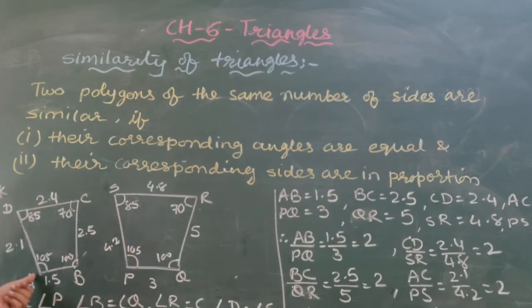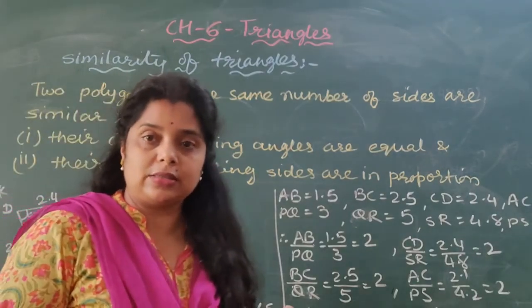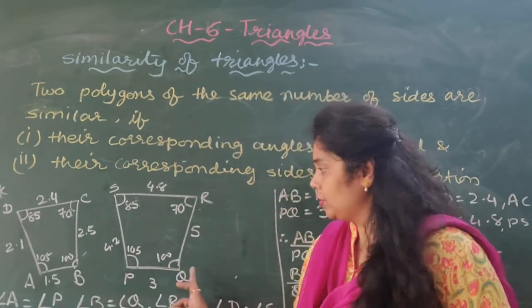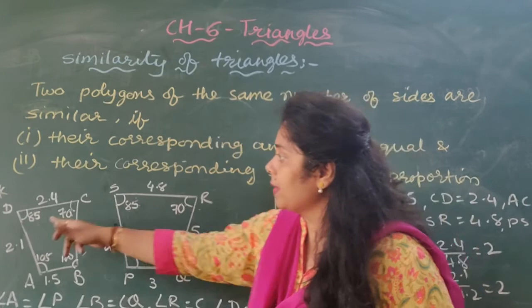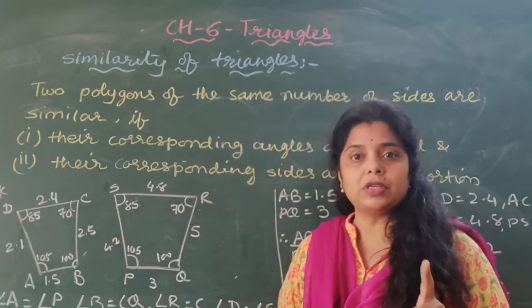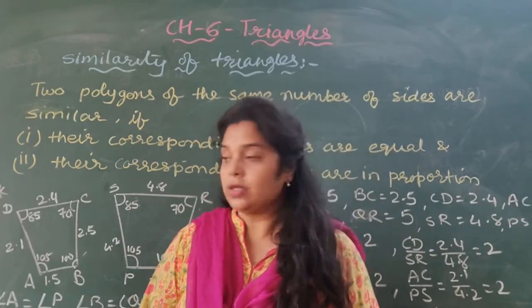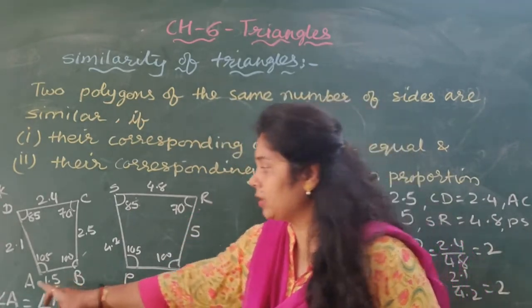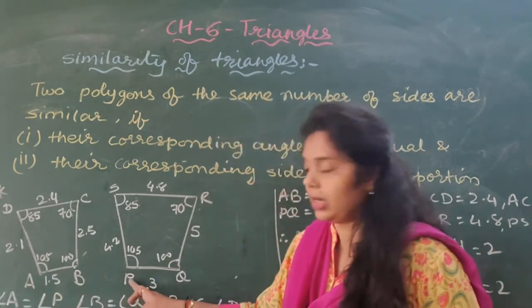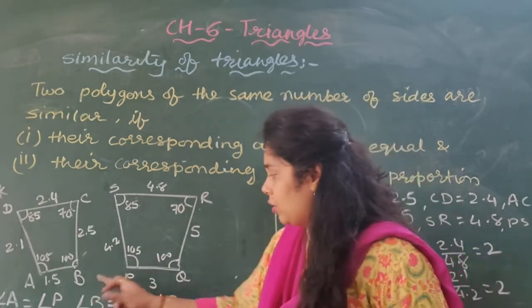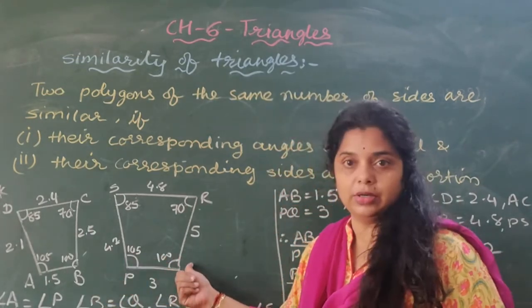So the position of A is the same as the position of P. So these are the corresponding angles. Corresponding angles are A with P, B with Q, C with R and D with S. So the first condition, the corresponding angles are equal, is fulfilled here. A's corresponding angle is P, and both are 105. B's is Q, both having 100.